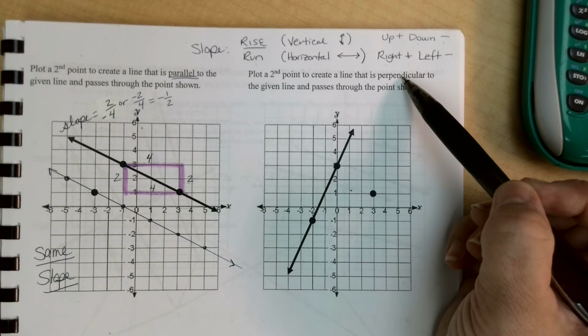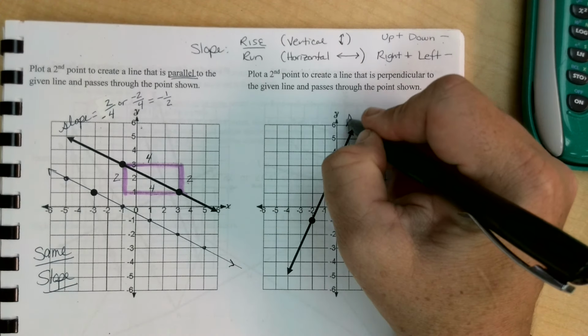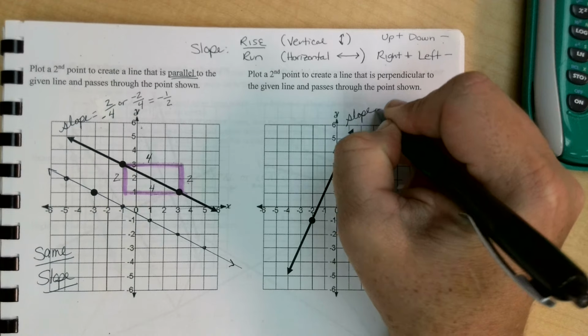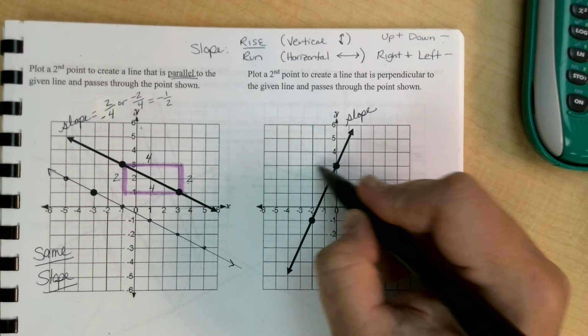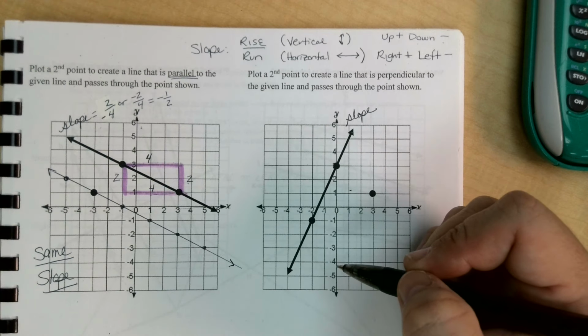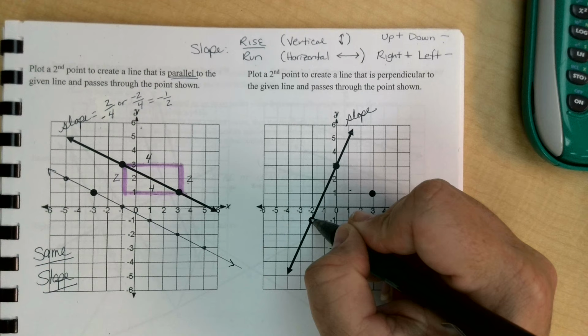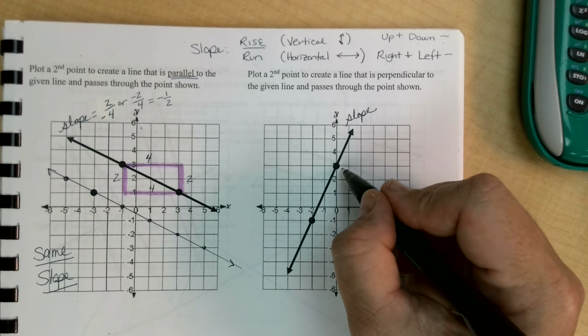So the idea with perpendicular is I still have to calculate the slope of the line that I have. So I either am going to rise, run, or run, rise, one of those two directions. I'm just going to draw one this time, and I'm going to start at this lower dot and work my way up to the upper point.